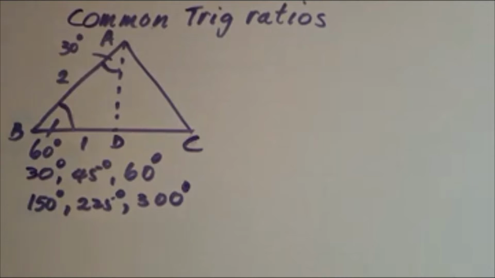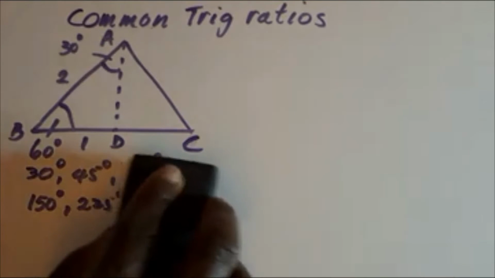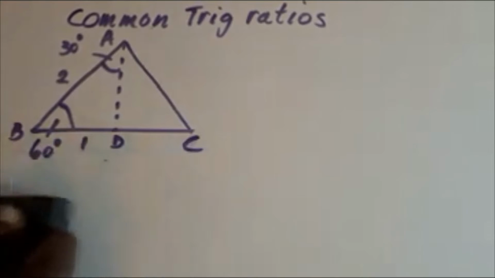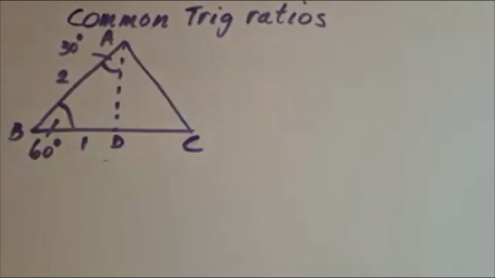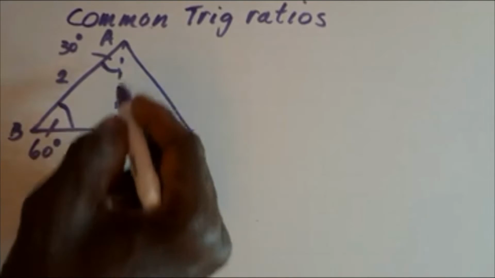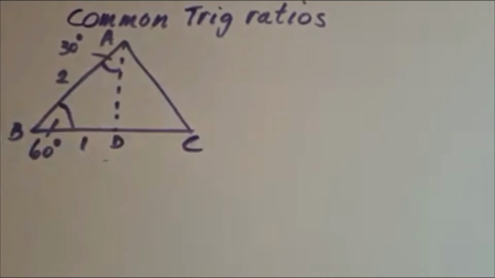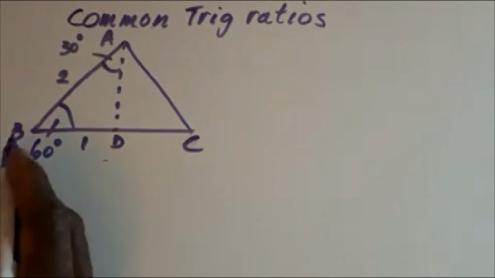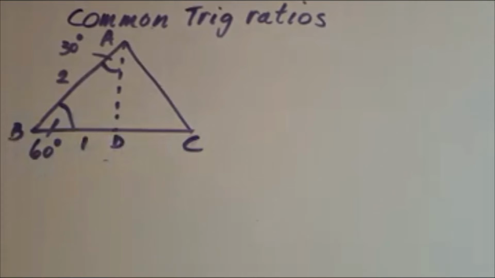So we have our equilateral triangle here, and it's bisected by the line AD. So AB is 2 units long, and we have that BD is 1 unit long.